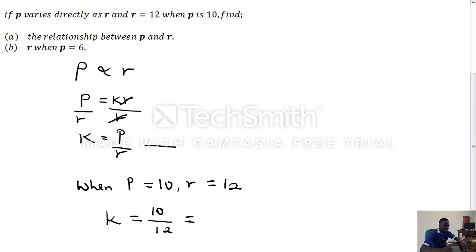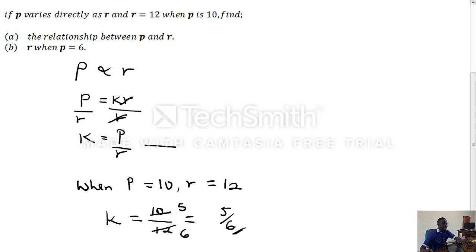If you reduce this to its lowest form, 2 can go into 10 and 12: 2 into 10 gives 5, and 2 into 12 gives 6. So our value of k now becomes 5 over 6.